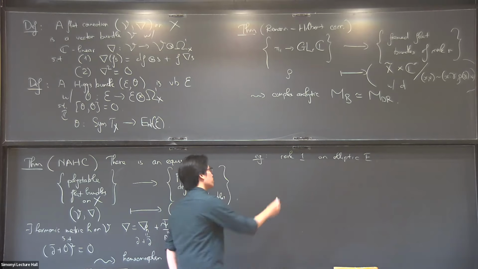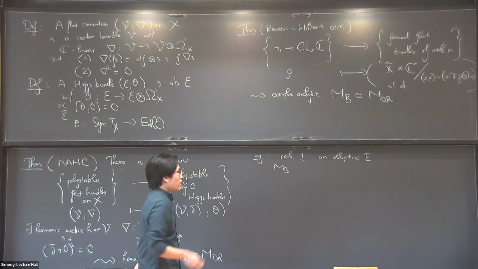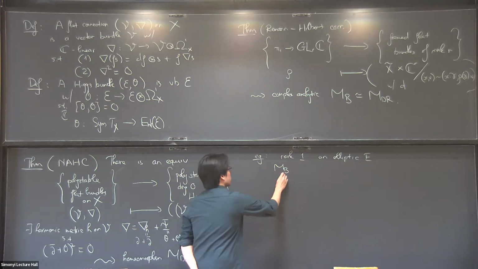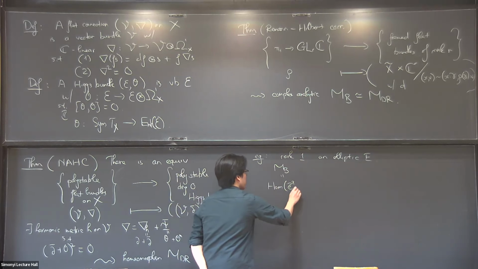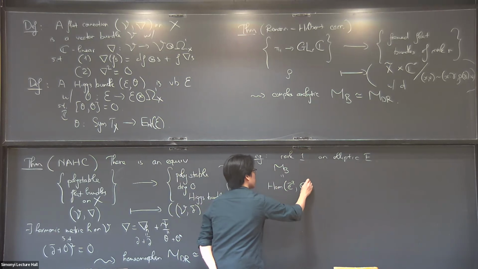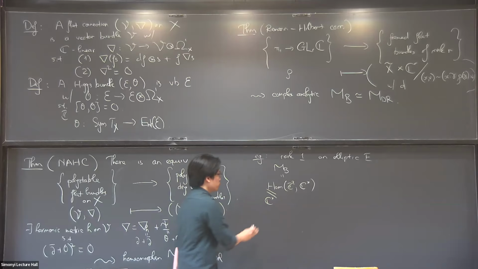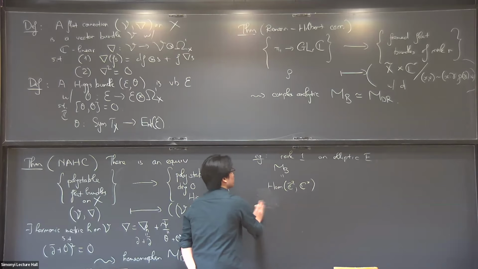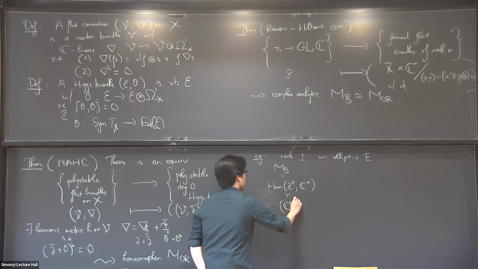So the Betti moduli space here is just Hom from Z squared to C star. And then you have to quotient out by the conjugation action of C star, but that's trivial. So you can forget about this. So this is just C star squared.